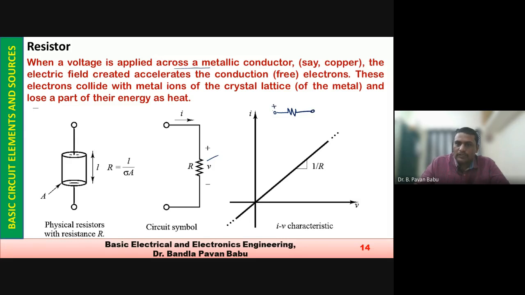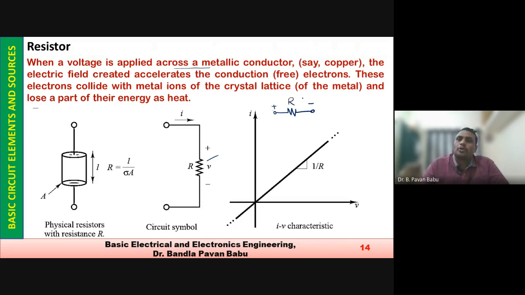Let me write plus and minus. The purpose of writing this polarity is to know the direction of the current or the voltage, just to know the direction of the charge. It doesn't mean that I'm giving a DC supply or an AC supply. Just to know the direction only, I'm using this polarity. That is a very important thing we need to remember.